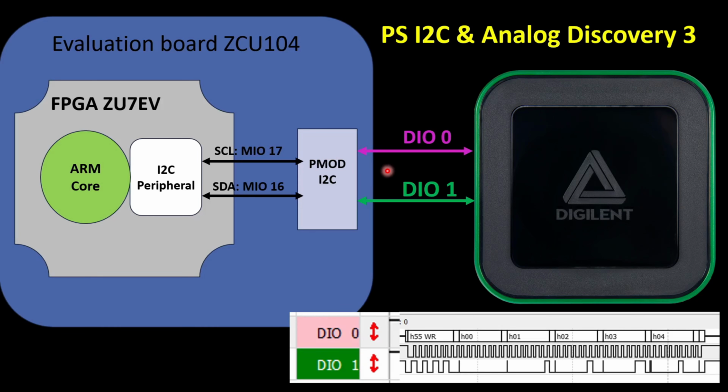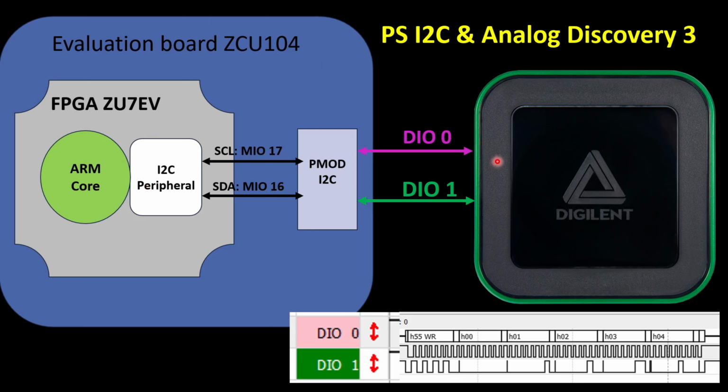The external I2C devices, like sensors and analog to digital converters, can get connected to that PMOD I2C that we have on our evaluation board, and then we can make the communication between the I2C peripheral and the external I2C node.